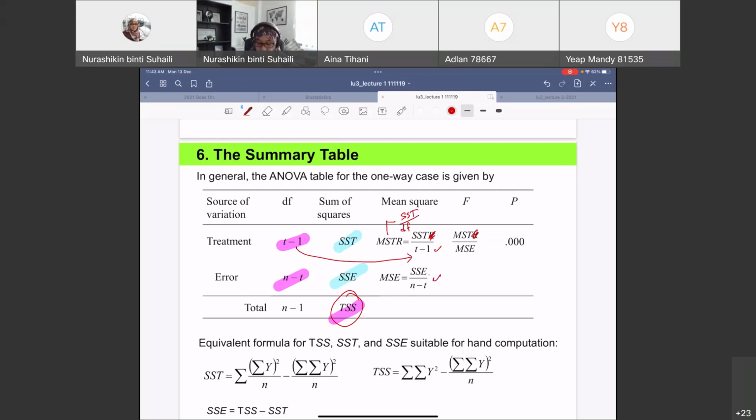Okay, so this part is a bit simple because you already have the SST and SSE values and you just divide with the degree of freedom. So those are how you got the MST and MSE. And then F value is equal to MST divided by MSE. Once you get this MST, you divide it with MSE, you got the F value.